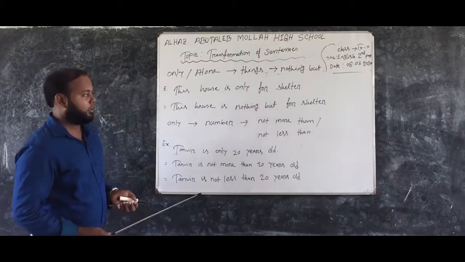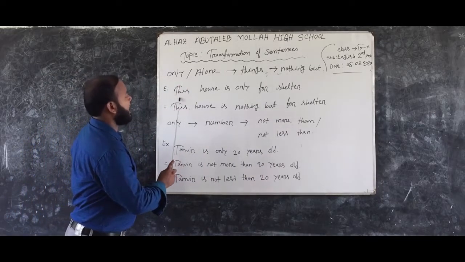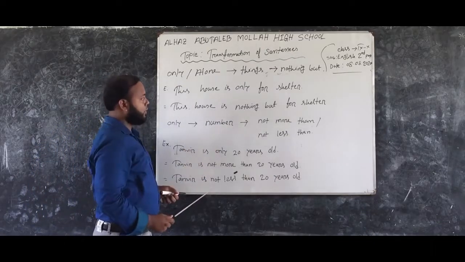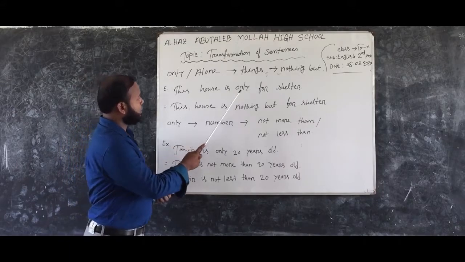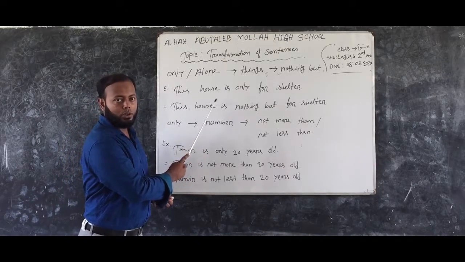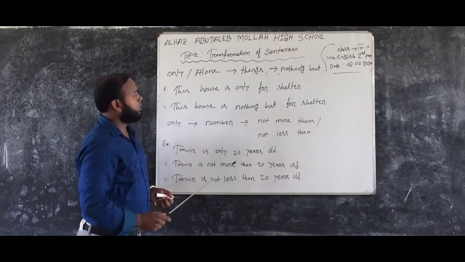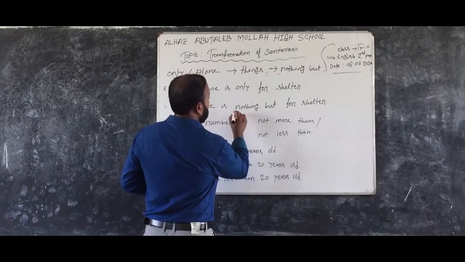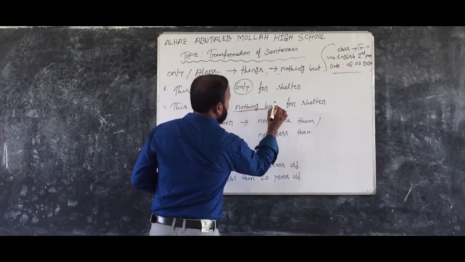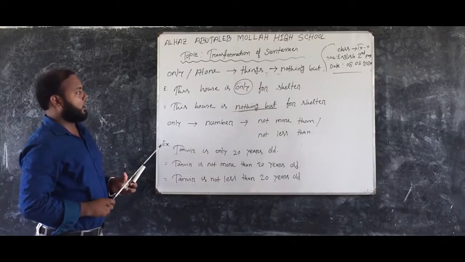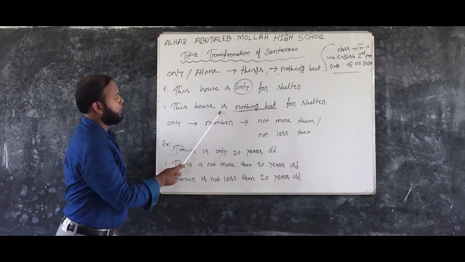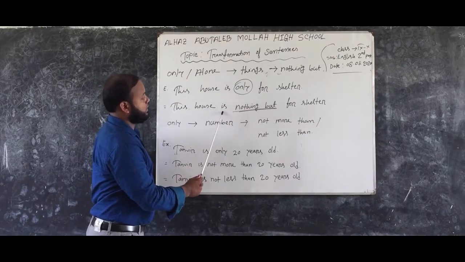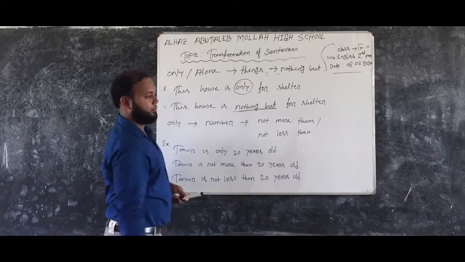My dear learners, you see that this house is a thing. Only indicates this house. That's why instead of only, we have to use nothing but. So our answer is: this house is nothing but for shelter.